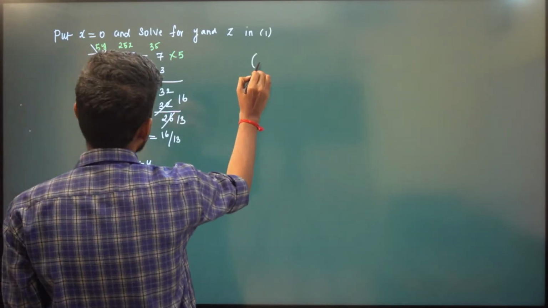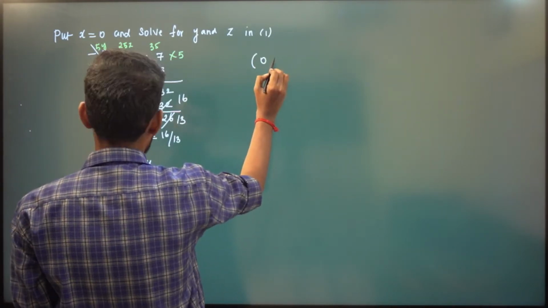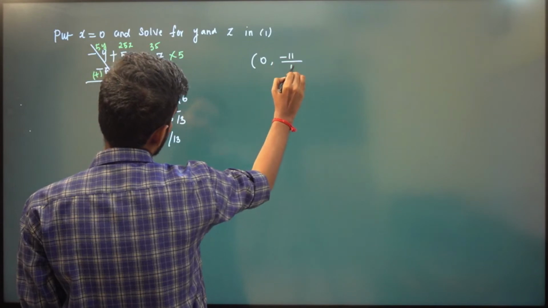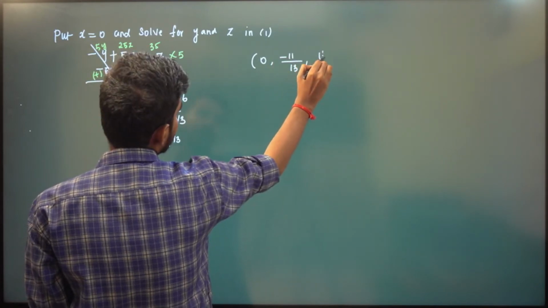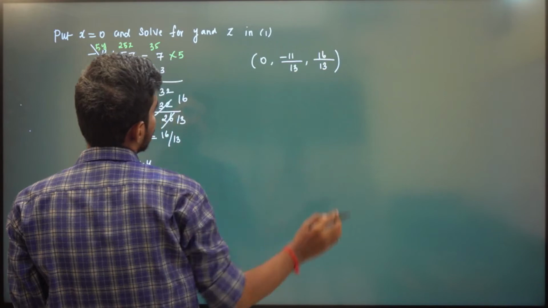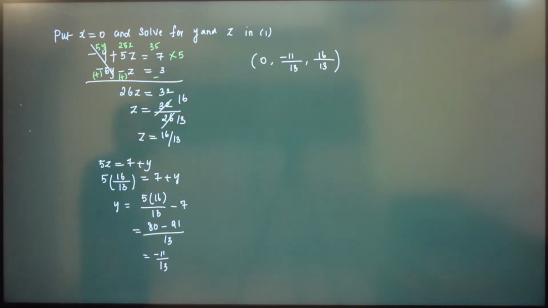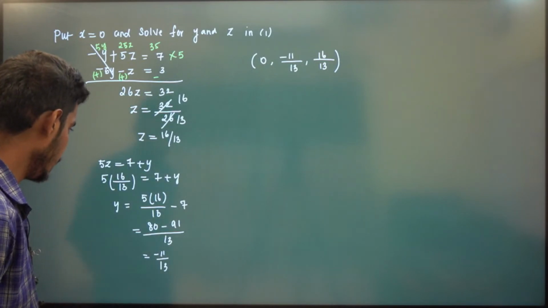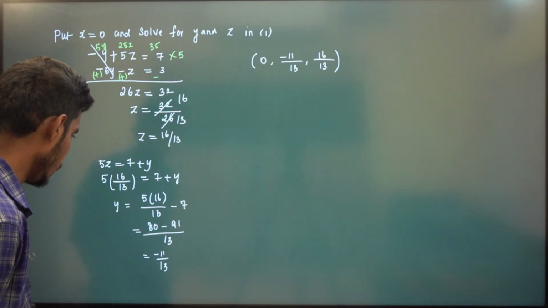So one of the points is when x is 0, y is minus 11 by 13, z is 16 by 13. This is one of the points, right? Yes.